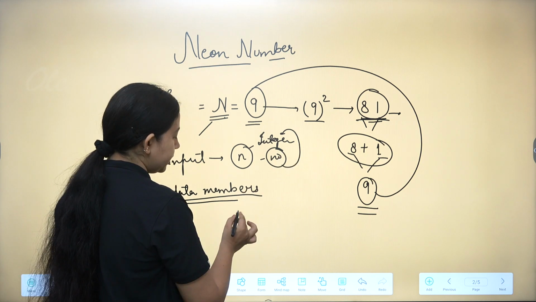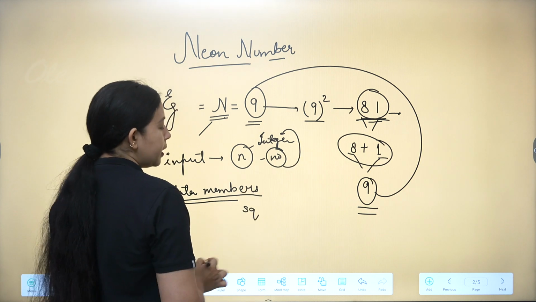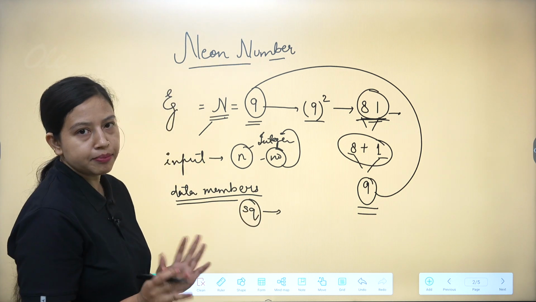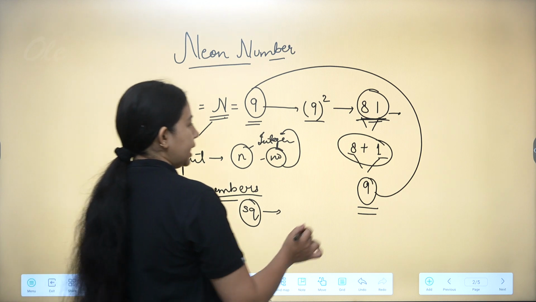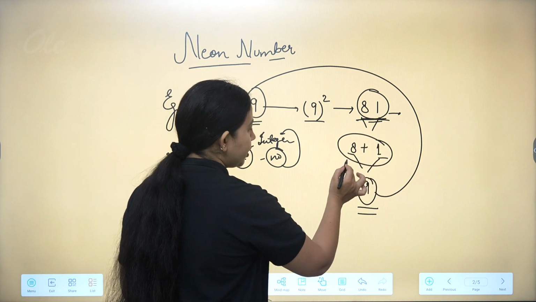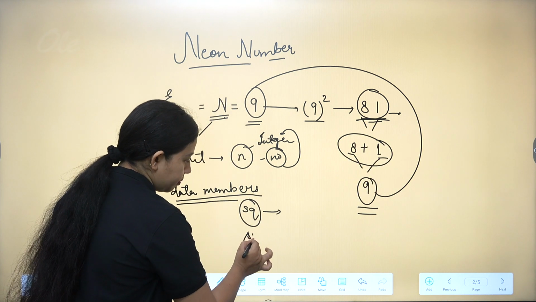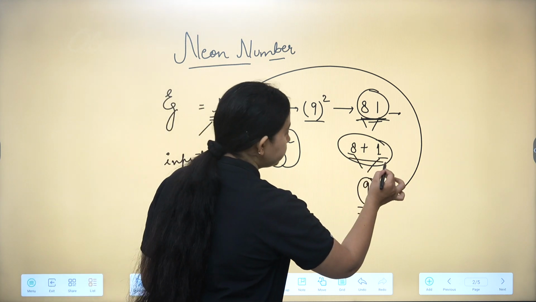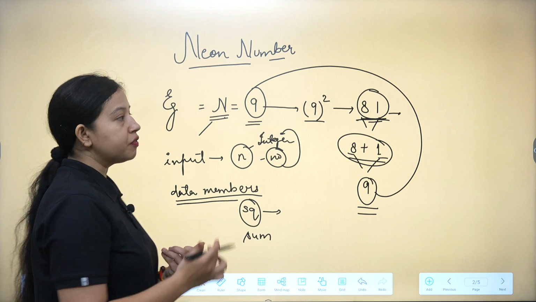So we need one data member here to store the square. I can take SQ because it resembles the square. Then we require one more variable, called sum. Why do we require sum? Because we need to sum up the digits of the square number.